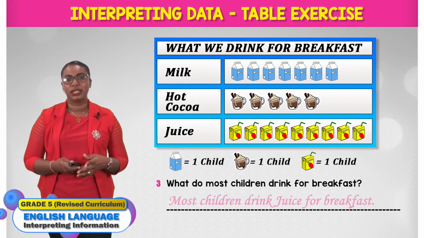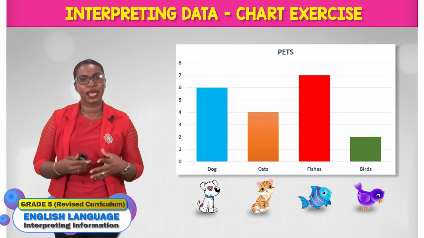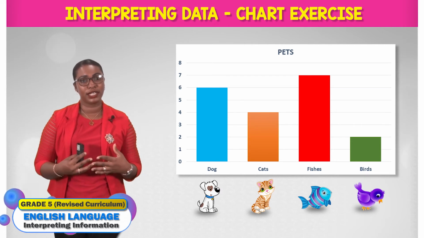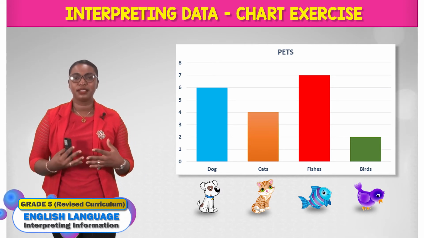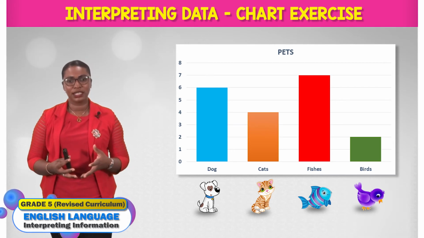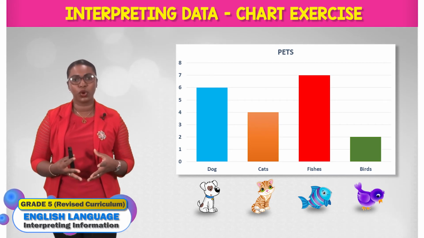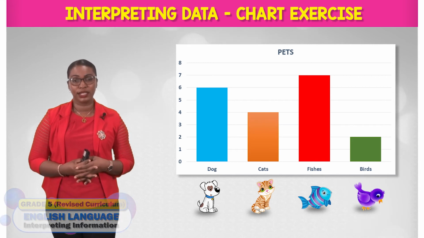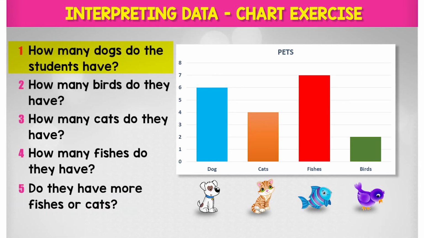Let's move on. Now, you take some time and you look at these questions for this graph. Again, this graph is dealing with pets. This time, we will take the numbers as they are, 1 to 8. Are you ready? How many dogs do students have? Based on the chart, how many birds do they have?